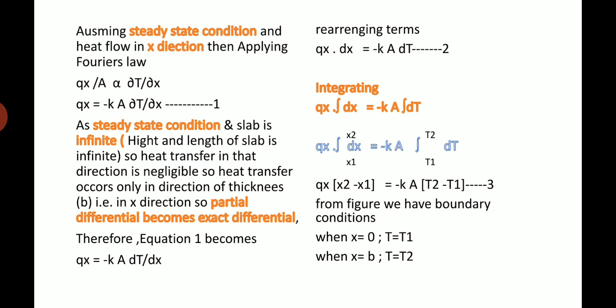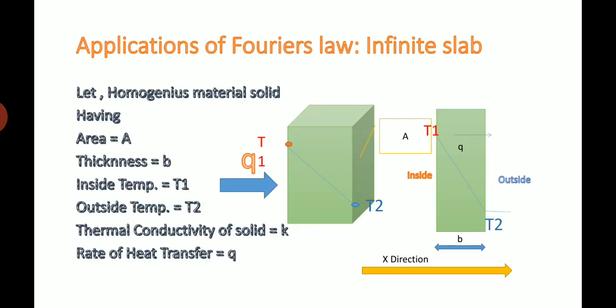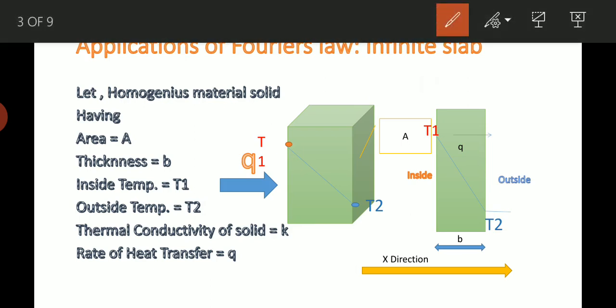From the figure, when x equals 0, the temperature equals T1, and when x equals b, that is the total thickness, the temperature equals T2.